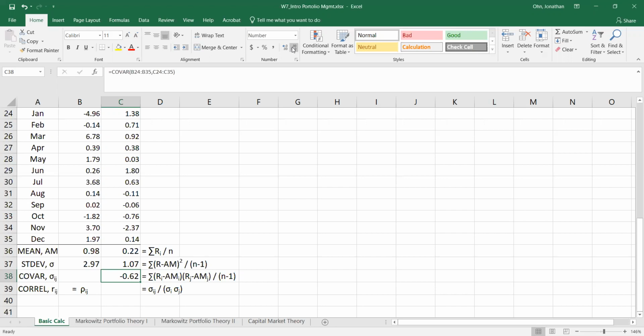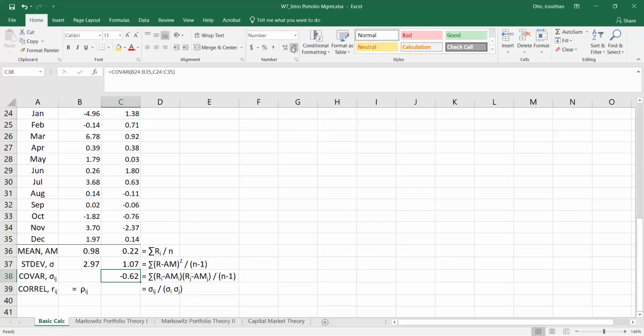If it is negative, these two assets tend to move in the opposite direction. So for covariance, only the sign matters. We have a negative sign there, which indicates these two portfolios tend to move in the opposite direction.